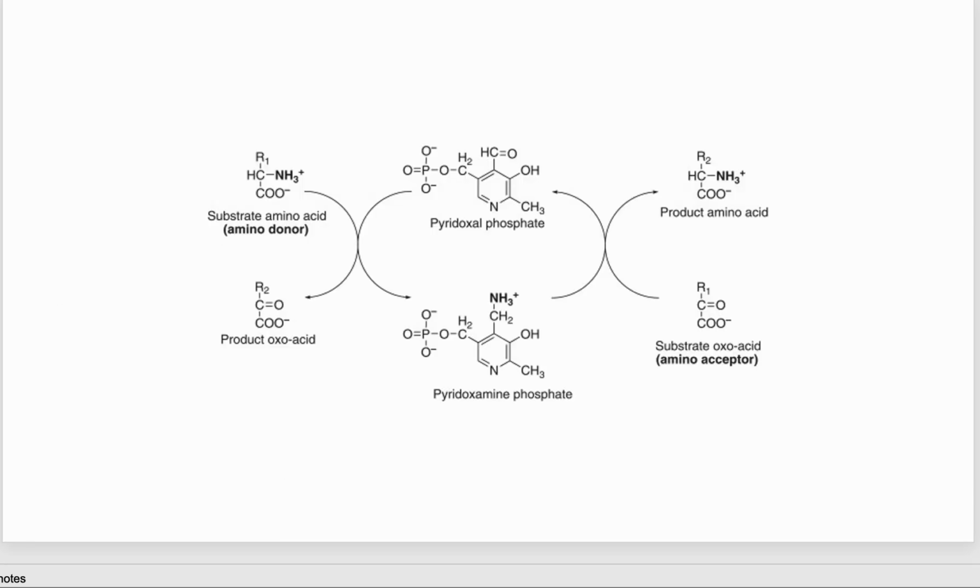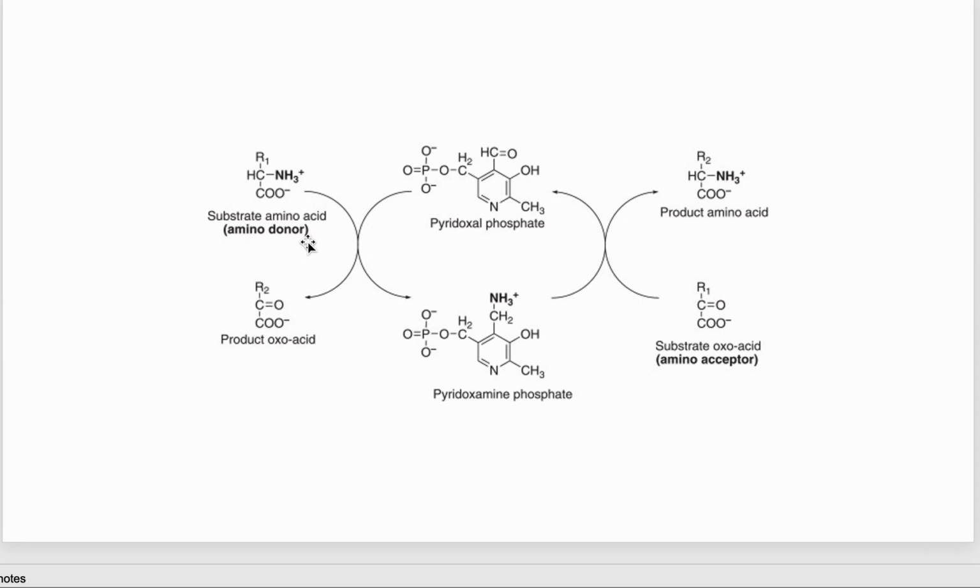Let's see this reaction. This is the reaction I was talking about. Just see this carbonyl group, aldehyde. There is addition of NH3+ here, and this is the substrate amino acid. You see, it's the amino donor. This is where the transferase, transaminase enzymes are involved.